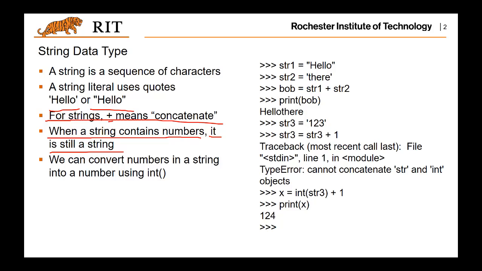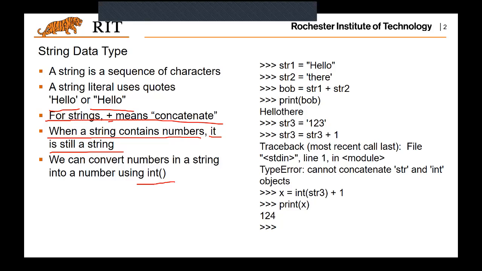That is because it's still a string instead of a number. So you have to do the conversion first, and then you could utilize it. That's why this kind of type conversion function is very important, like this int, right? It converts a string put inside the parentheses to an integer number.